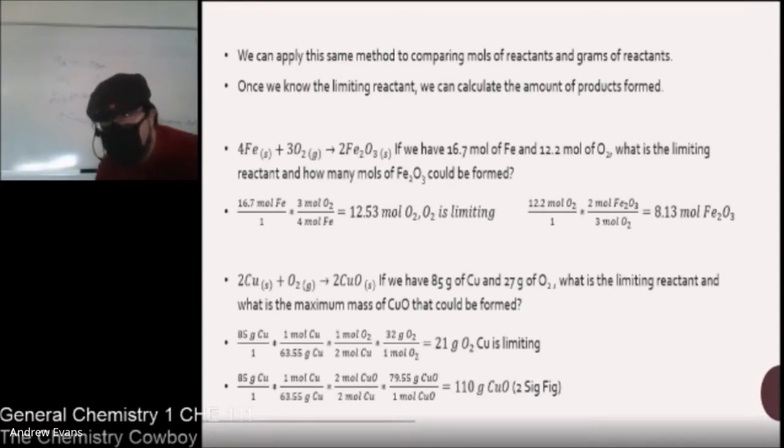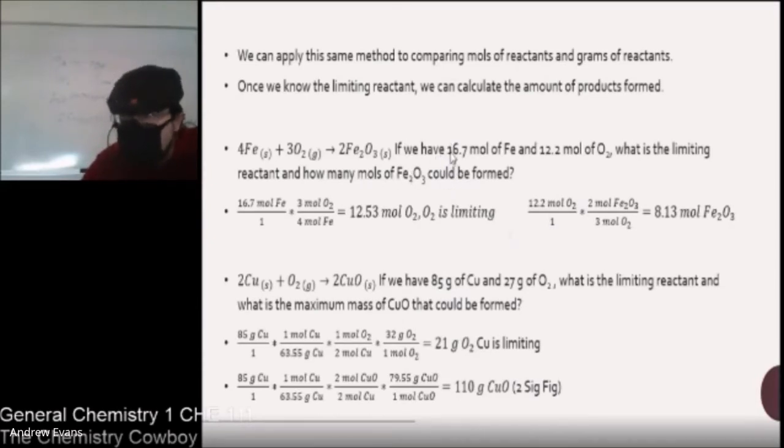If I have an old Chevy truck with a steel frame, it's been around the block a couple times, and it starts to rust, which one runs out first? Am I going to kick my frame and the frame's going to fall off because it's all rust, all the iron in the steel frame rusted up, or is there still some good steel underneath that pile of rust? So we're going to ask, how many moles of iron oxide could be formed?